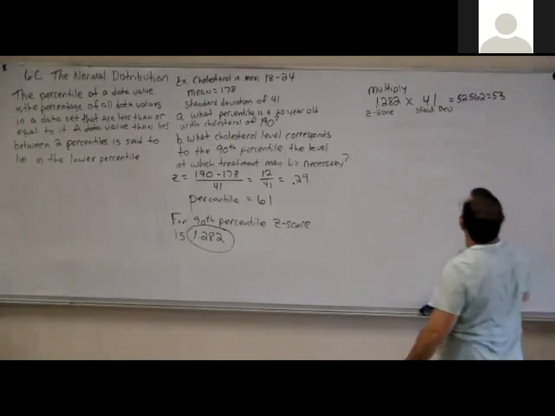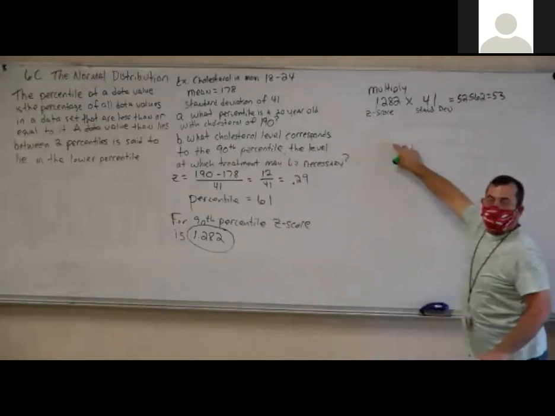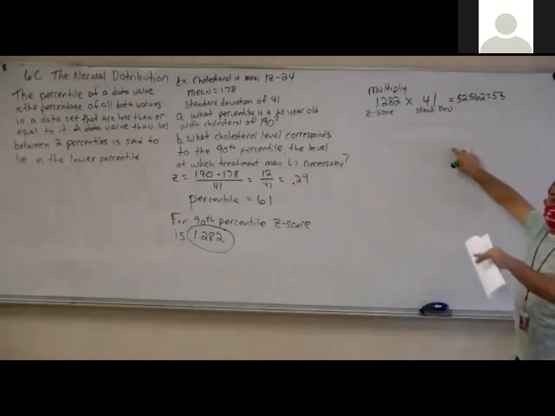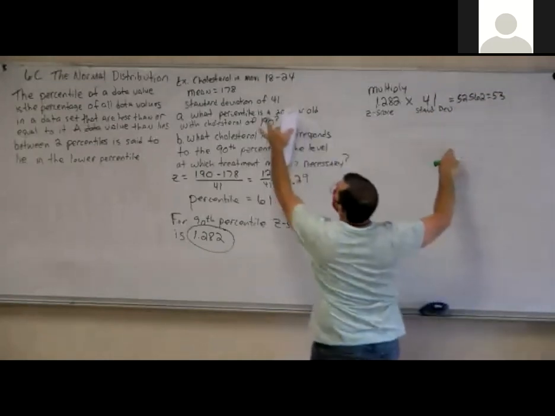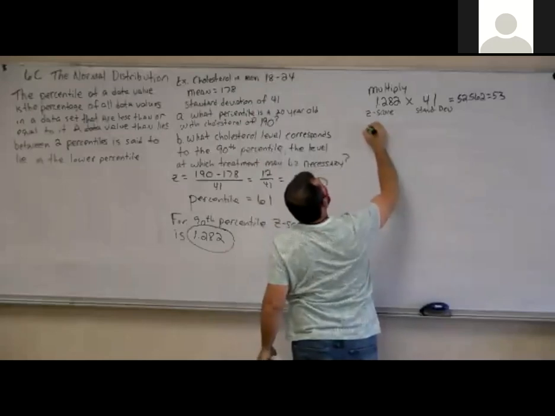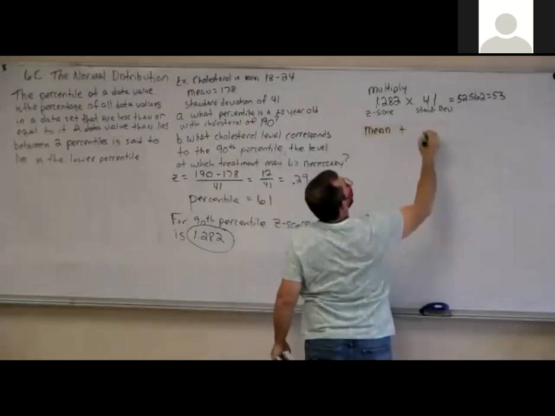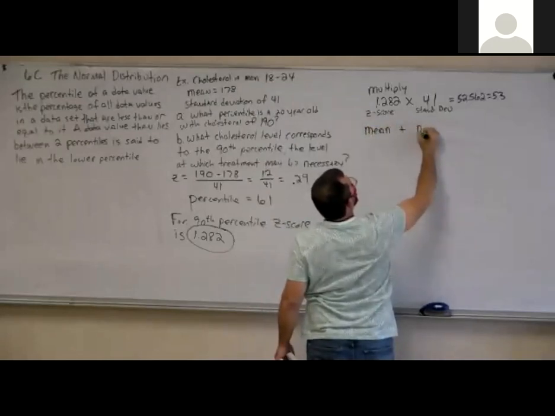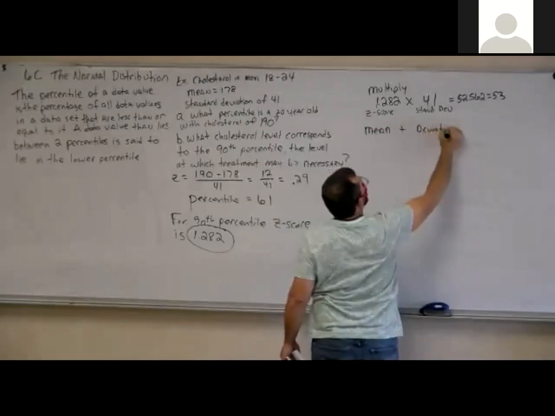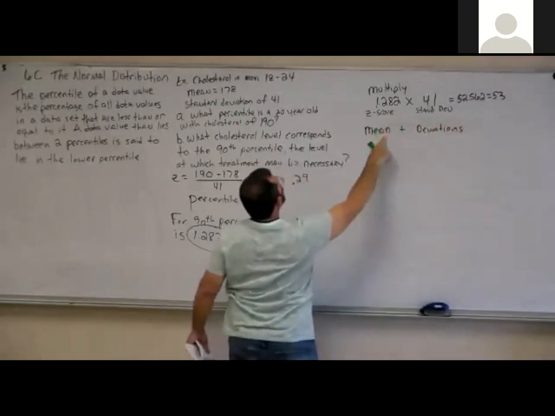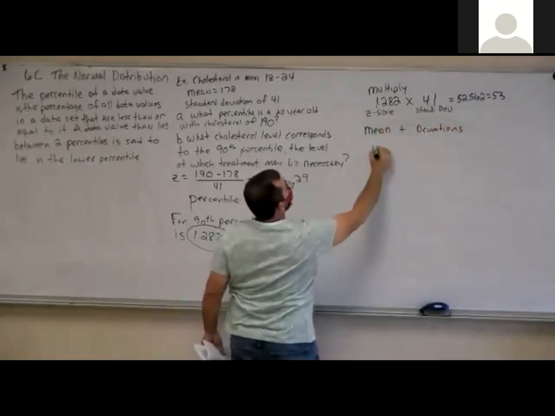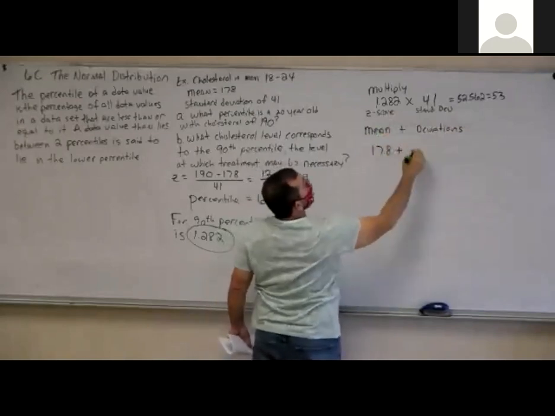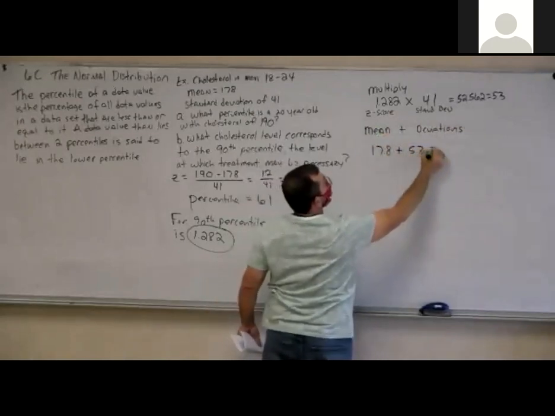So this tells me how far out they went from my mean. My mean was 178, so now we take the mean and add it to our deviation. So that'd be 178 plus 53.